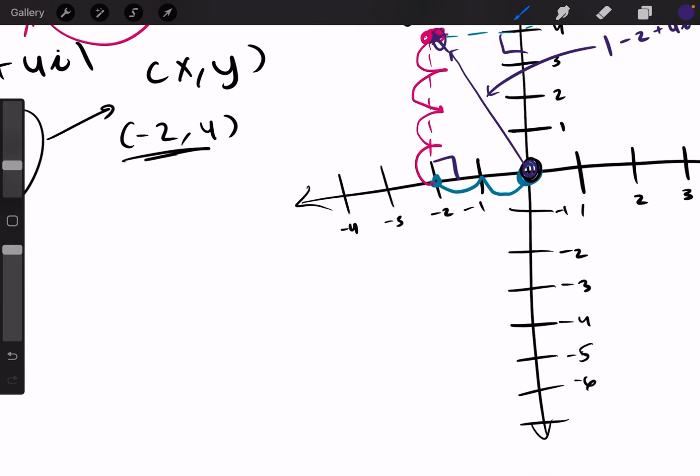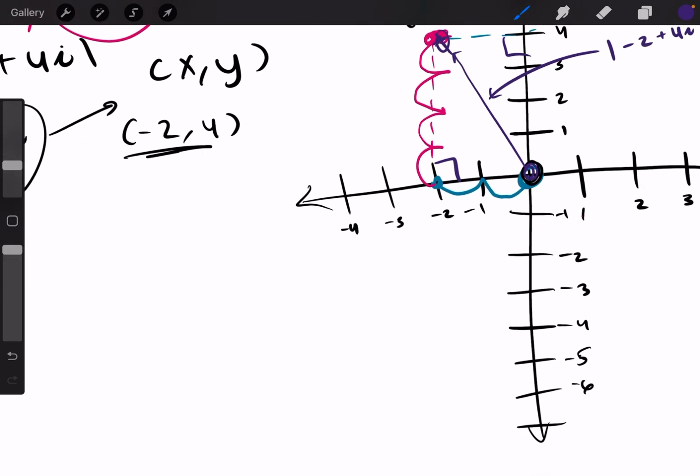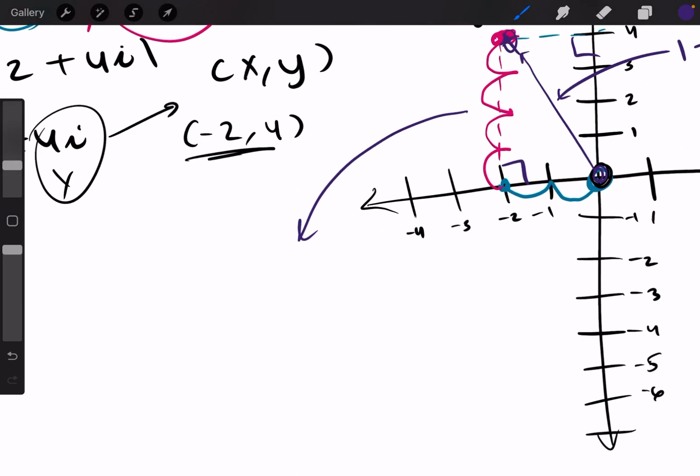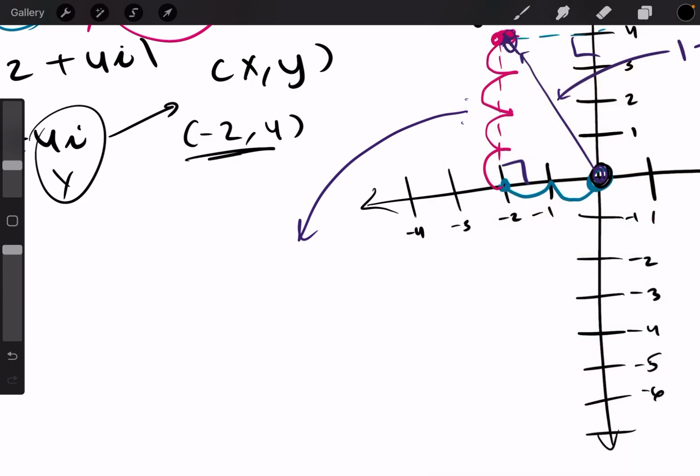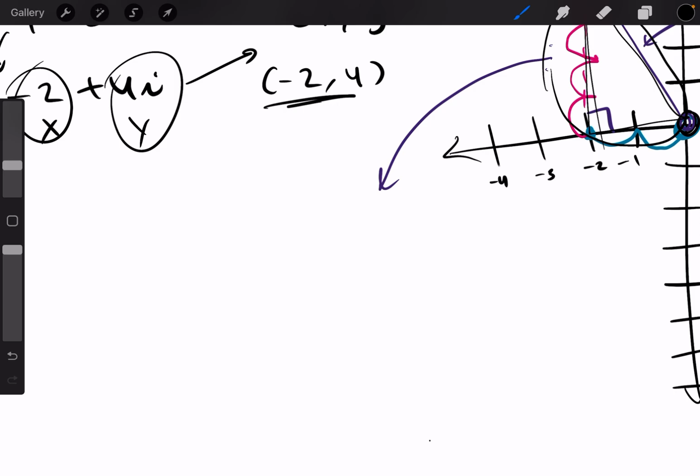So let's pretend I extracted this to here, so I'll have a little bit more space. More specifically, I am going to take this little portion right here. This is a right triangle, and I'm just going to redraw it here.